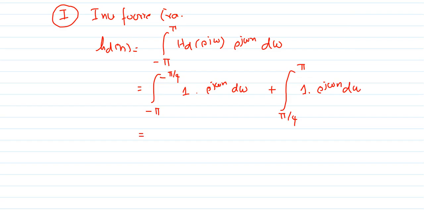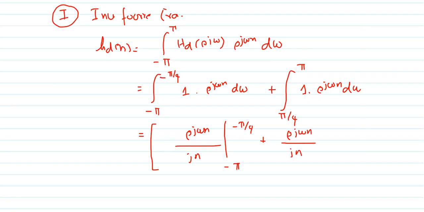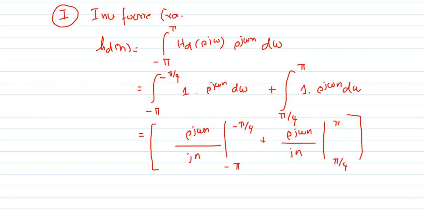Now we have to integrate this. If we integrate this, it is e power j omega n by jn, limits minus pi to minus pi by 4. Similarly, e power j omega n by jn, limits pi by 4 to pi. Going to the next step, I'll take out the common factor outside.